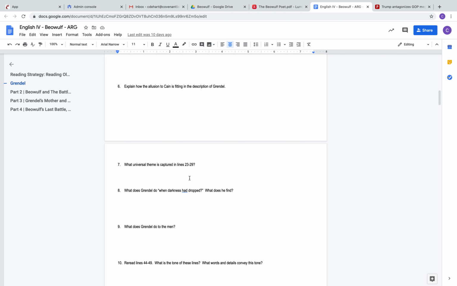So Grendel kills or steals 30 men. 30 grown men. The men closest to the king. Warriors. This should give us an indication of the size and the destruction that Grendel can do. This should give us some indication of the monstrous size of this creature and the evil that he is.